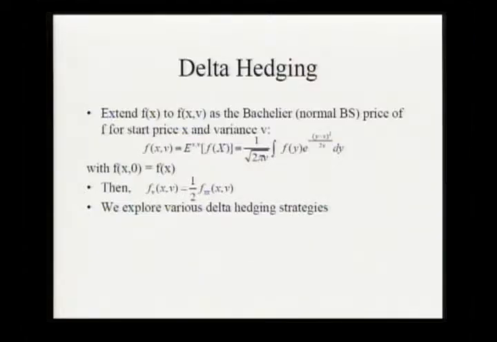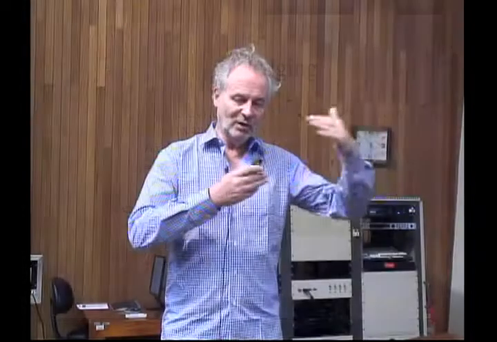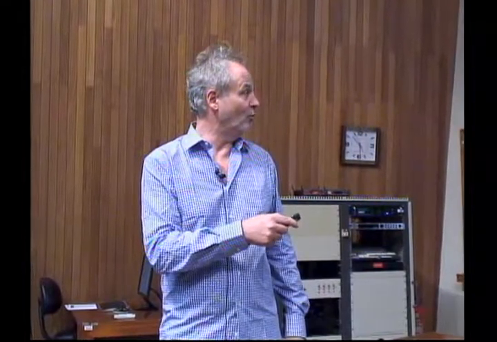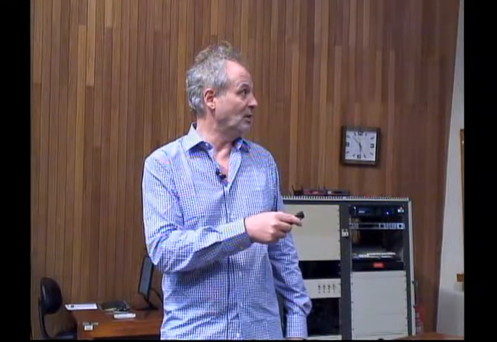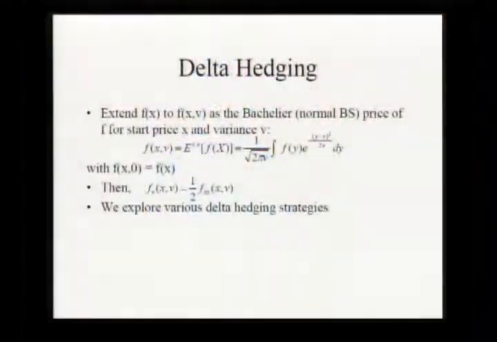In other words, f of x and v will be the expectation of the final payoff, knowing that you're at x and you have variance v: you convolve with a Gaussian of variance v, as shown here.